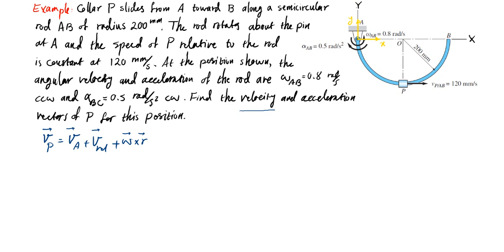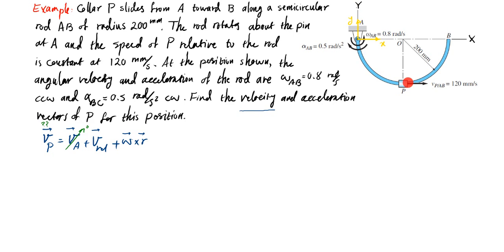For VP, I know nothing about it. I don't know its direction, and I don't know its magnitude. VA is 0, because point A is not moving. For V relative, I know its magnitude is 120 millimeters per second. Think about it this way: we are studying this point P at this moment, and this is the local coordinate frame. This velocity is just towards the right, so it's in the i direction at this moment.